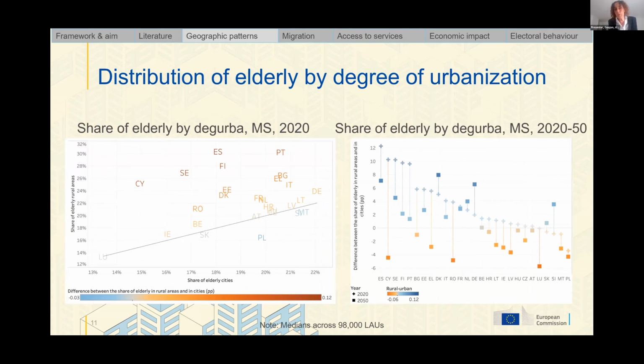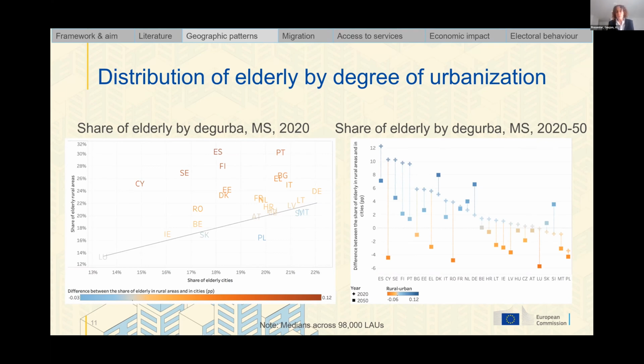There is, of course, quite some diversity at the level of EU member states, as you can see on this graph, which shows on the x-axis the share of elderly in the cities, and on the y-axis the share of elderly in rural areas. All the countries that are above the diagonal have a higher share of elderly in rural areas. This is very high, for instance, in Spain and in Portugal.